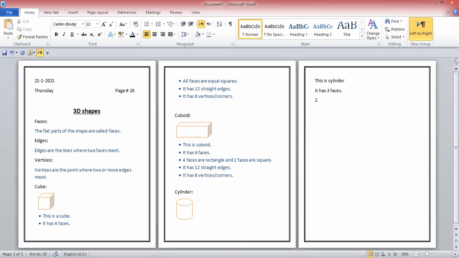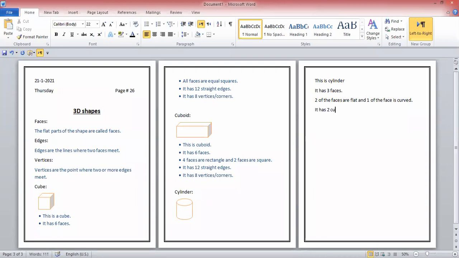Two of the faces are flat, and one of the faces is curved. If we talk about the edges, it has two edges, but they are not straight, they are curved.